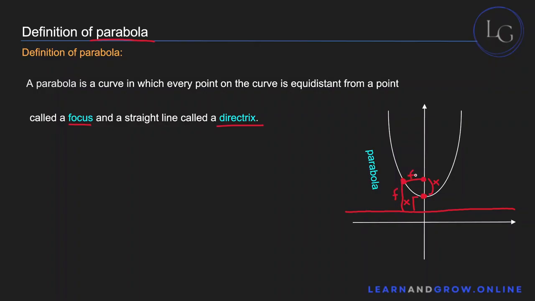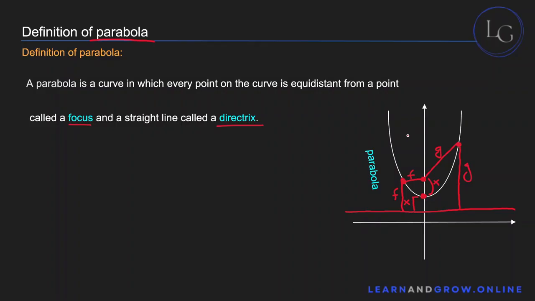Now let's say you take another point on the curve. Let's say you take this point, right? You draw a line from this point to that point, and then you draw a line from that point down to the directrix, right? Both of these lengths are equal in a parabola. Let's say this is length g, and this will also be length g.